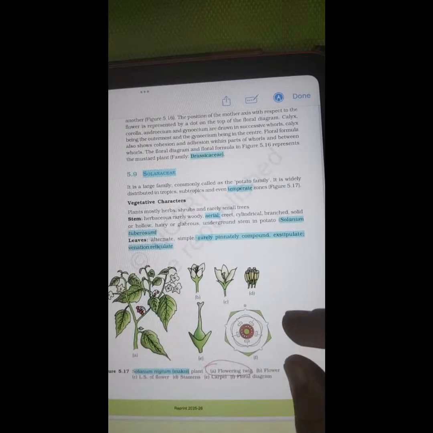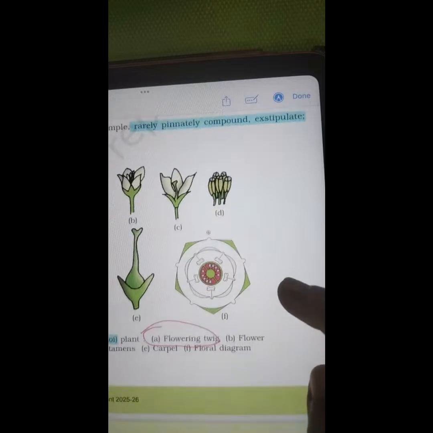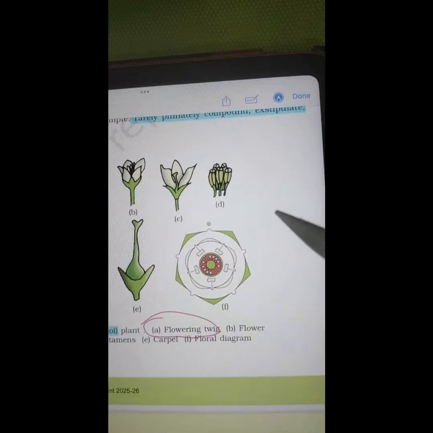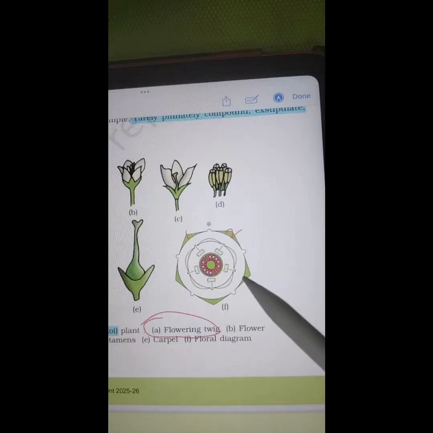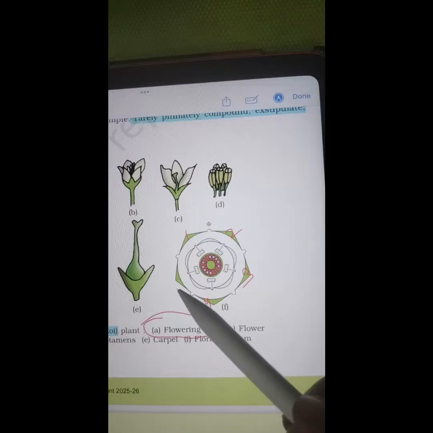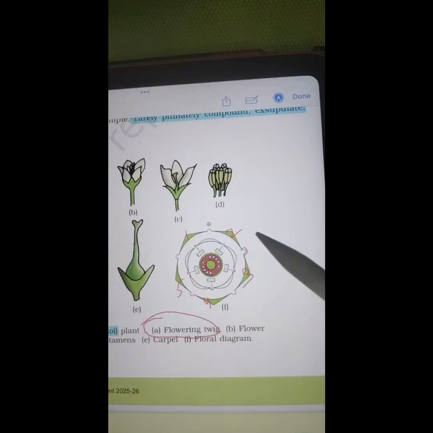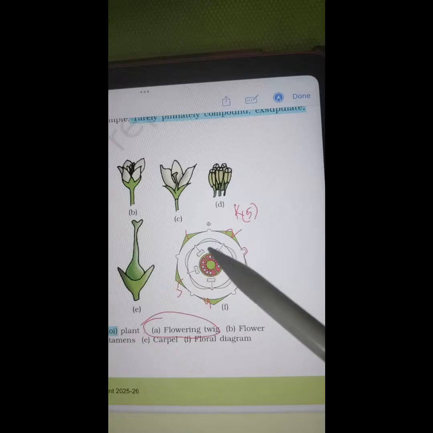This is the floral diagram of Solanum nigrum. See here on the outer side, green structures are five. 1, 2, 3, 4, and 5. And they are fused. So what can we write? K5 in a bracket. Why? Because gamosepalous condition is there.